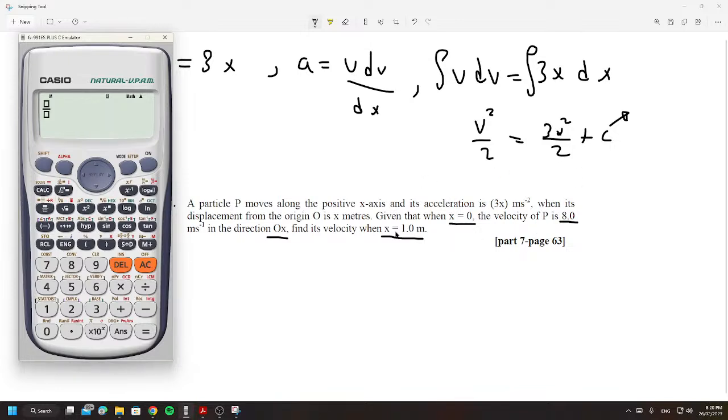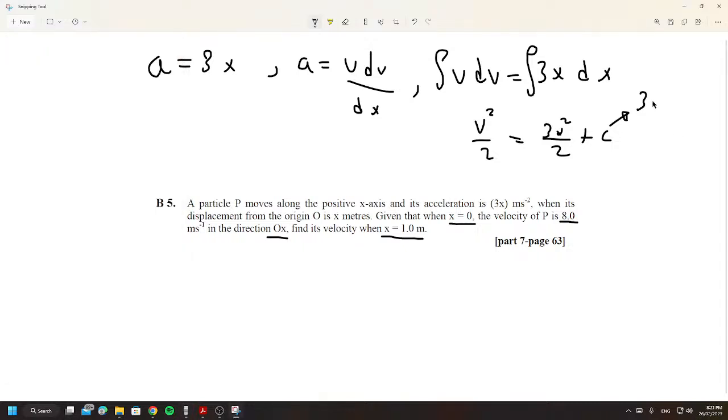They told us when x is equal to 0, v is equal to 8, so 8 squared over 2 equals 3x squared over 2 plus c. Here x is 0. So c is 32.